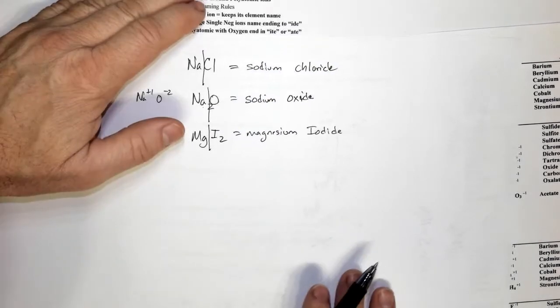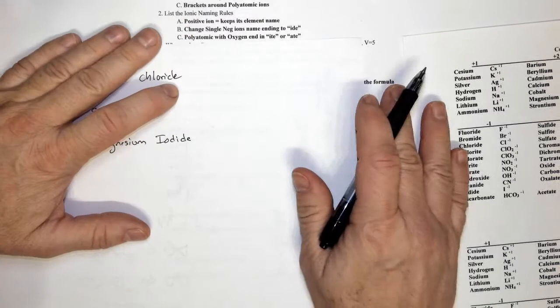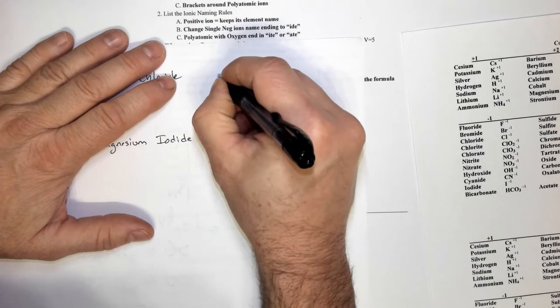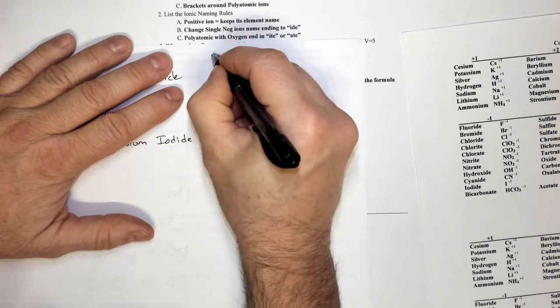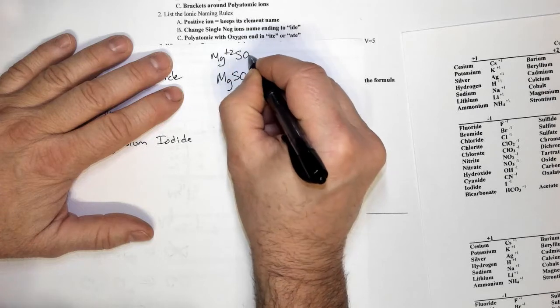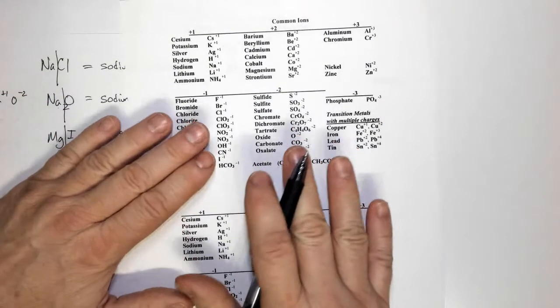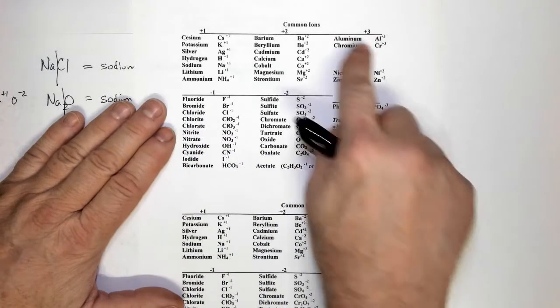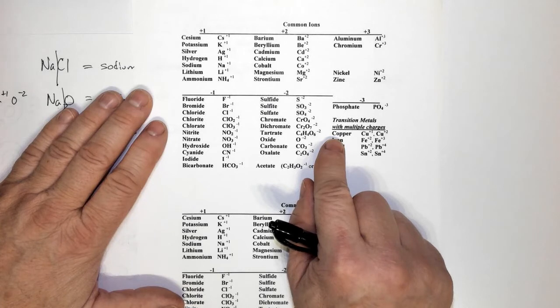Well, what does that mean? Well, let's look at it. Let's say that we have MgSO4. That came from magnesium being put with a polyatomic group SO4 -2. Now I have this ion sheet in your notes, so keep this close by at all times. These are the most common ions we run across in chemistry.